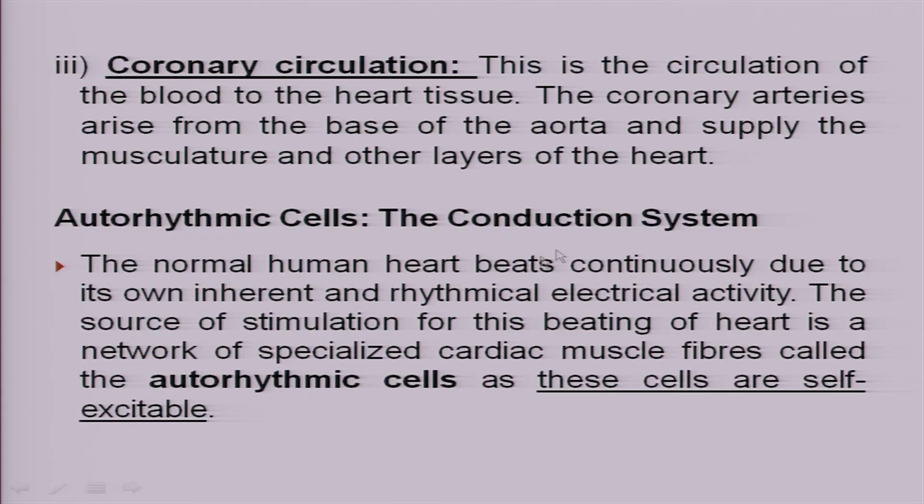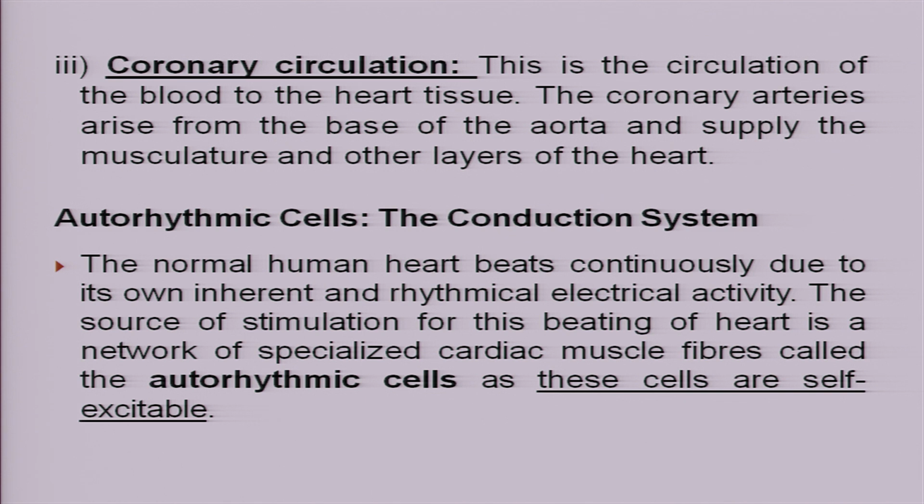The normal human heart beats continuously due to its own inherent rhythmical electrical activity. The source of stimulation responsible for the beating of the heart is a kind of specialized cardiac muscle fibers, known as autorhythmic cells, and they are self-excitable.